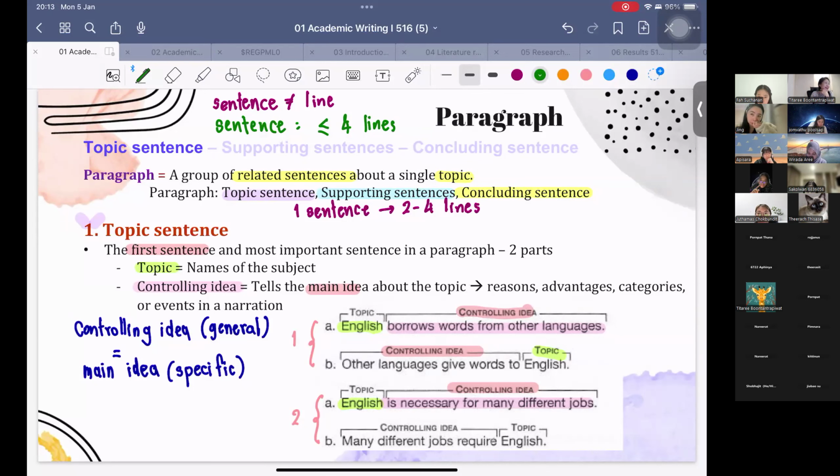Normally, with a longer sentence, you might use the wrong type of verbs, or the connection or the type of sentence might be used incorrectly. So the possibility is higher. So for one sentence, 2 to 4 lines, or at least for me, under 4.